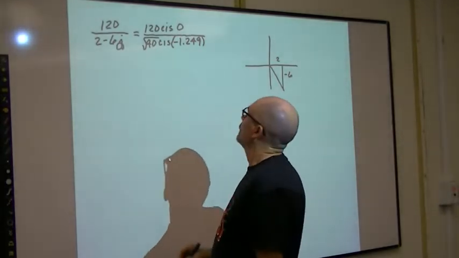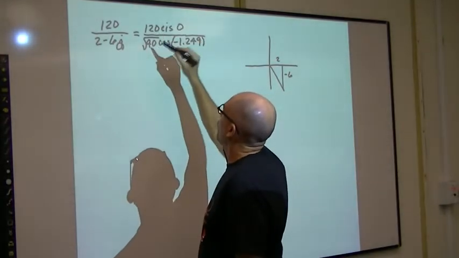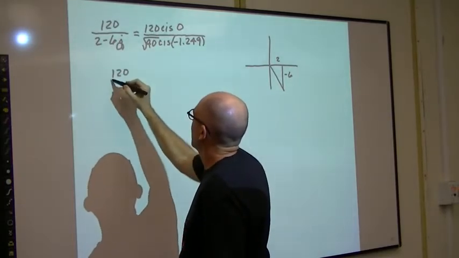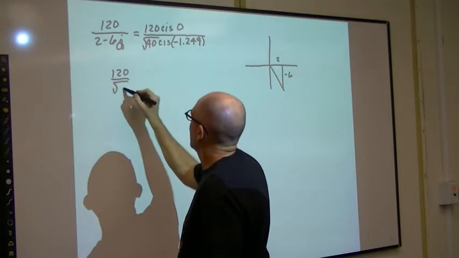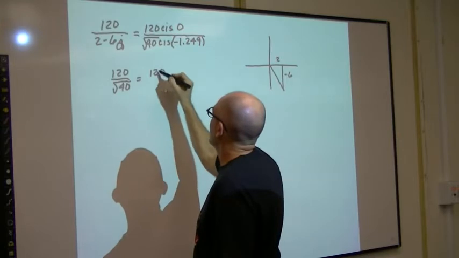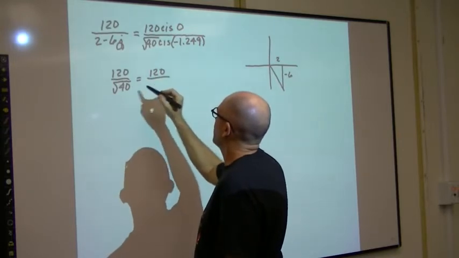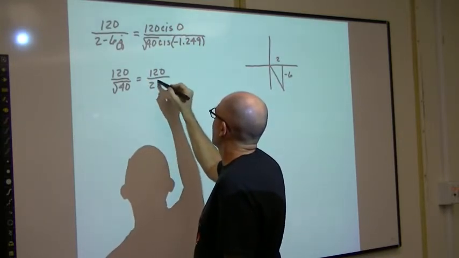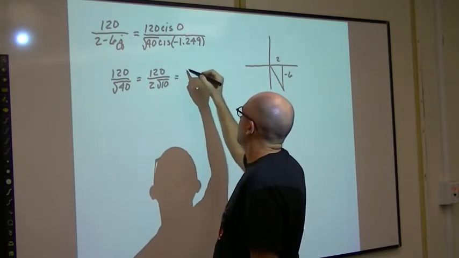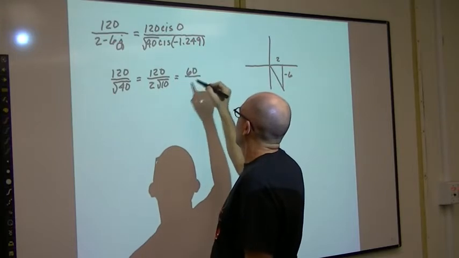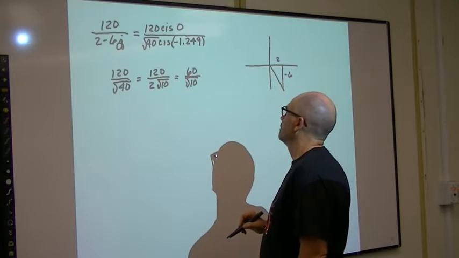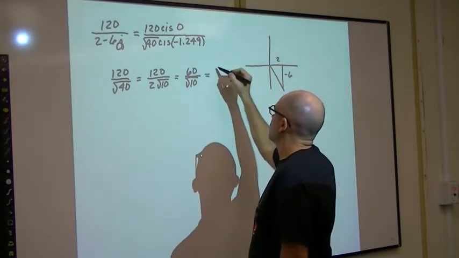We're starting over. So now we've got 120 divided by square root of 40, which equals 120 divided by 2 square root of 10, which is 60 over square root of 10. Let's clean that up a little.